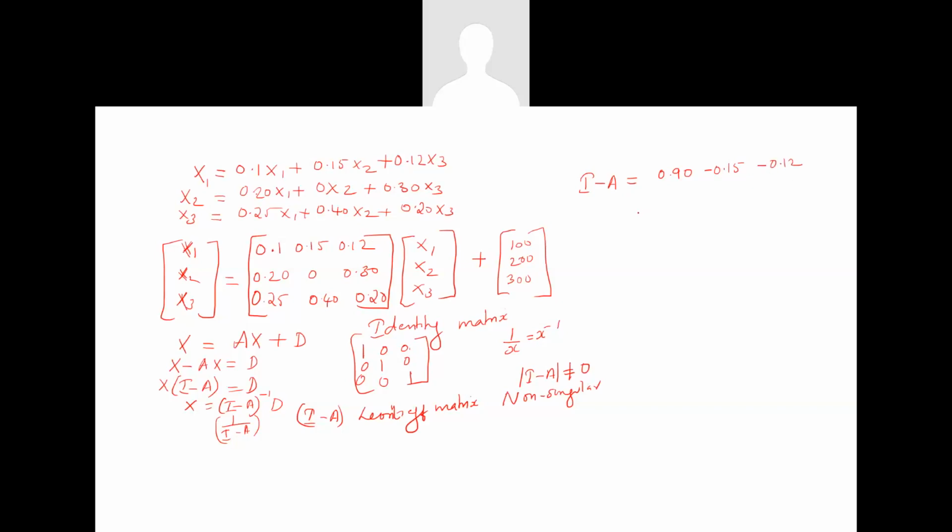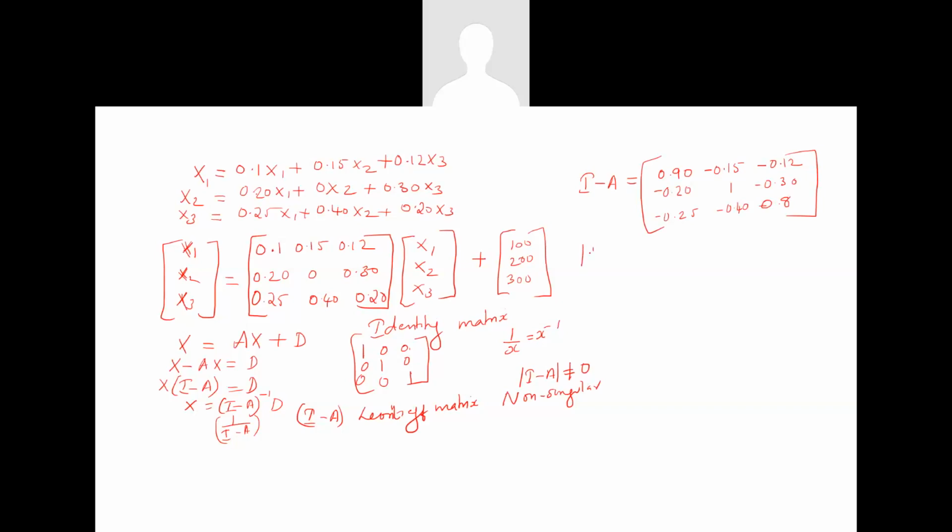Then again you can apply the same technique: minus 0.20, then you have 1 minus 0.30 and so on. Then minus 0.25, minus 0.40, then you have 1 minus 0.20, that is 0.8. So this is how you find the I minus A matrix.